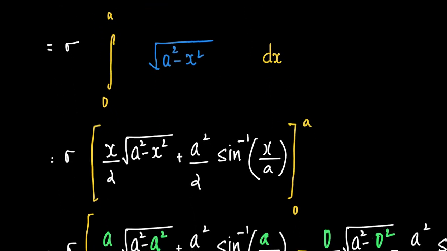So what is the integral of root of a square minus x square? We know that it is equal to x by 2 into root of a square minus x square plus a square by 2 into sine inverse x by a. Now how did we arrive at this? That is basic integration that you learn in class 12th.